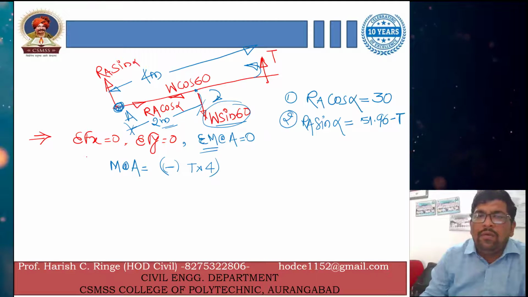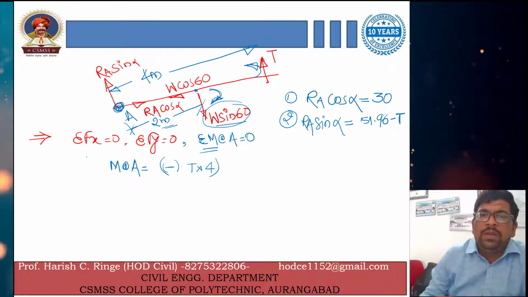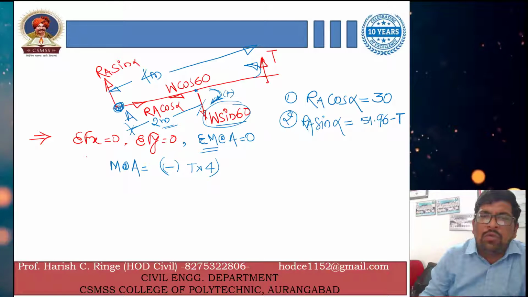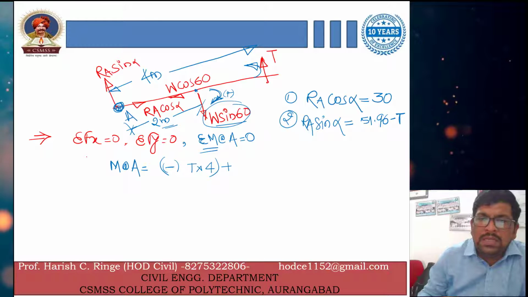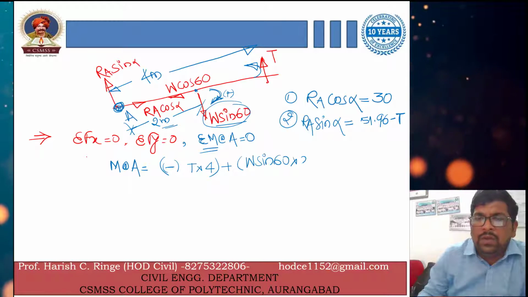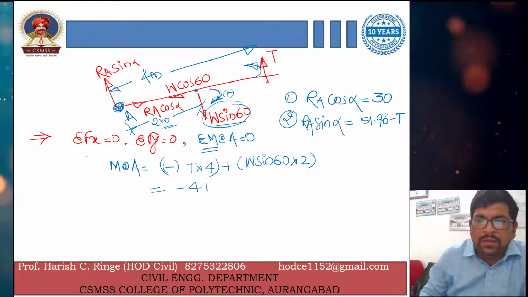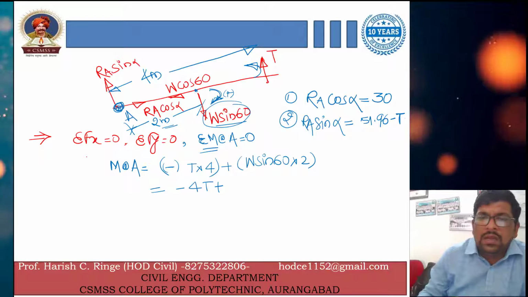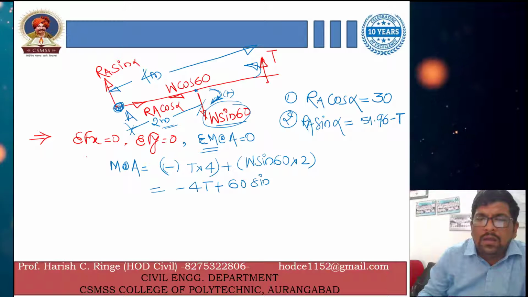You will get the direction of the moment, so it will become positive, that is a clockwise moment. So I will write this as plus W sine 60 into 2. So this is minus 4T plus W sine 60, that is 60 sine 60 into 2.